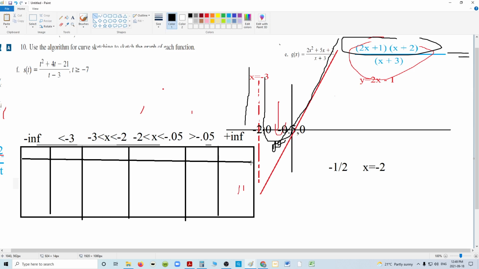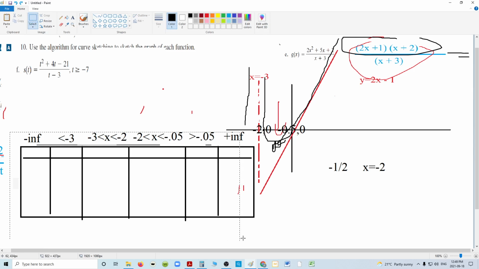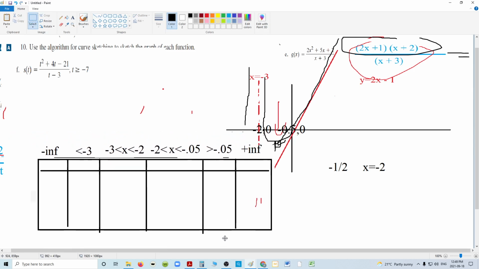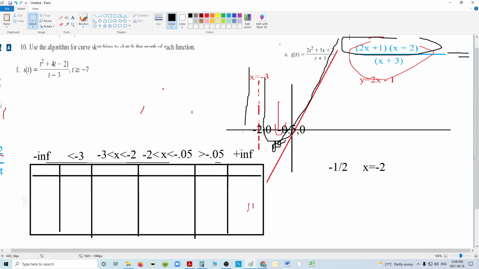Well, you can put a number in there, actually, if you wanted to. And I'm going to put all the factors down the left side. So I'm going to kind of ruin my graph here. So I've got to put each factor down the left side and figure out what happens.